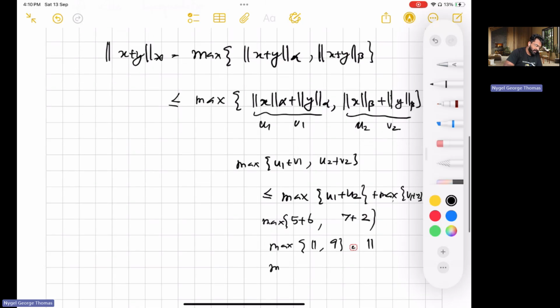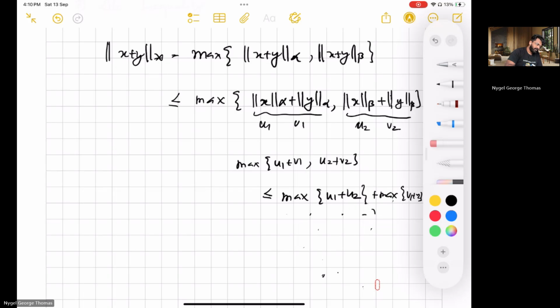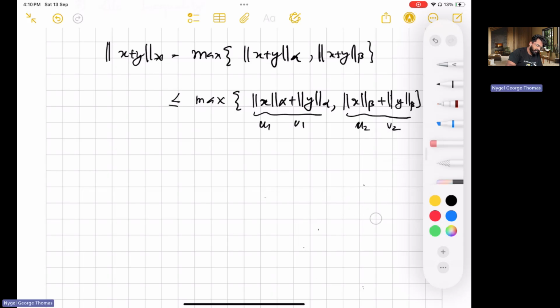But if you take the max of the first terms, which is 7, plus the max of the second terms, which is 6, it is in fact 13, which is greater than this. So we can use this property.